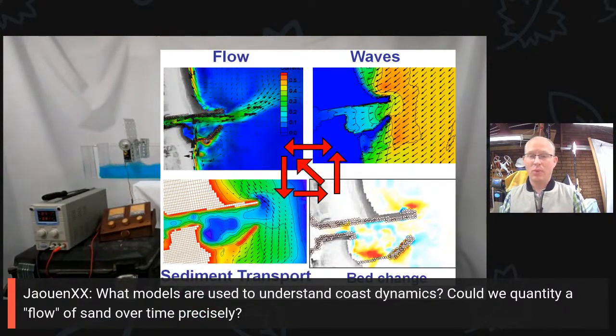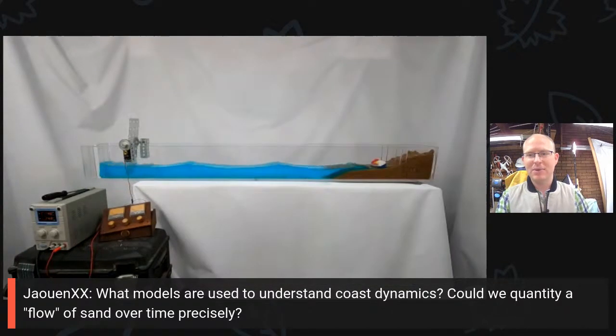It can do waves, characterize waves. It can model sediment transport processes, and it can also model bed change, right? How the morphology of the bed of the ocean and the beach changes over time. So there are definitely ways that we have to model these processes. It just depends on what question you're trying to answer, and obviously depends a lot on how accurately you need the question answered.